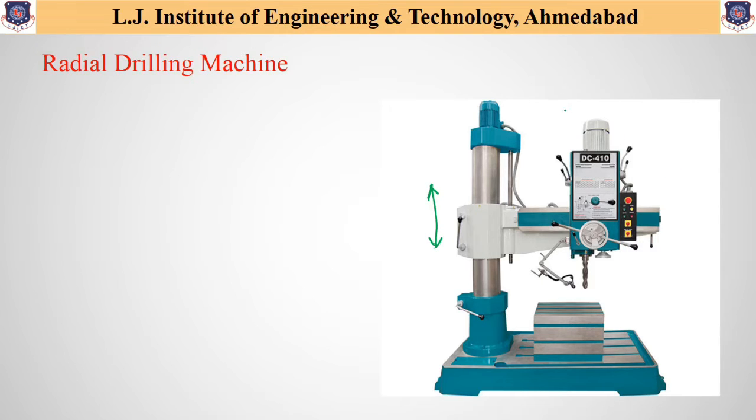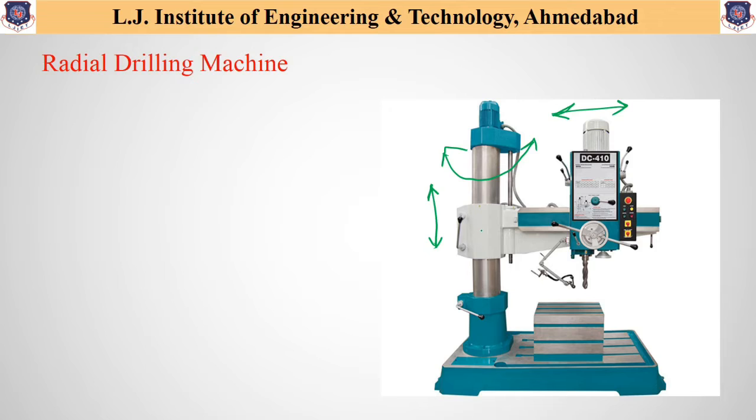Second movement, that is the horizontal movement on the radial arm. And the third movement, that is the rotary movement about the vertical column. So these three movements are possible on the radial drilling machine, which are not possible in sensitive and upright drilling machine.